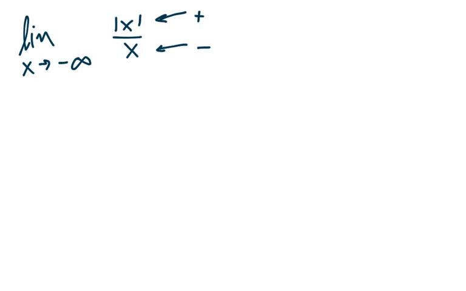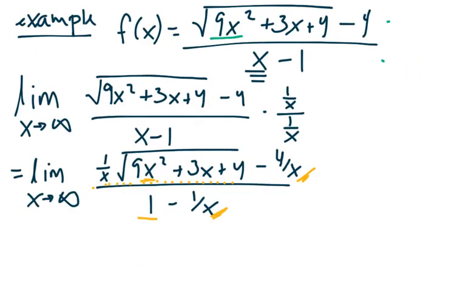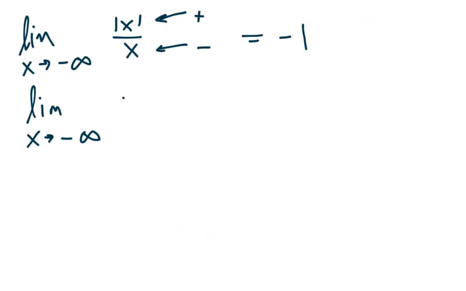The magnitude of the numerator and denominator are the same, so it's going to go to negative 1. And therefore, the limit of this function as x goes to negative infinity, I think it was f of x, yeah, so I'll just write that: f of x has to be negative 3. Hopefully that clears some things up. Let me know if you have more questions.